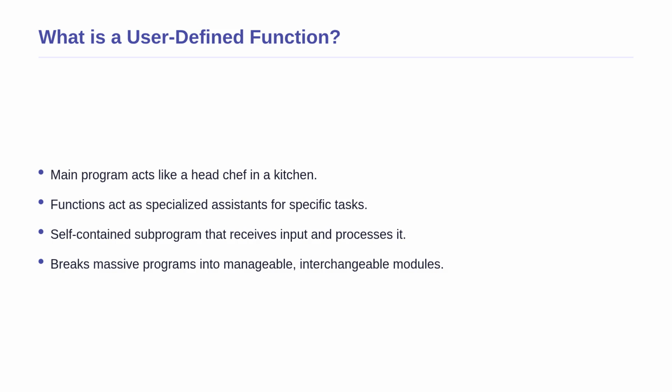A user-defined function is a custom-built block of code created to perform one specific repetitive task. By breaking a massive program down into these smaller helper functions, your code becomes much easier to read, test, and fix. This approach is known as modular programming.